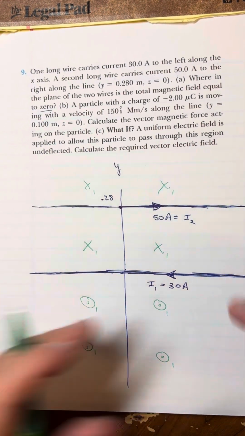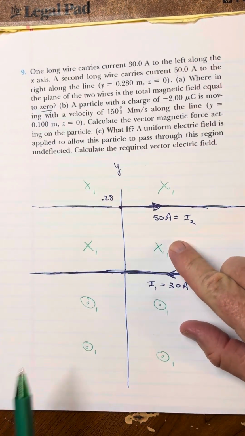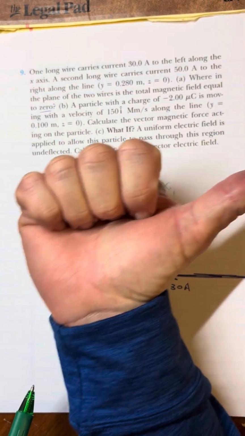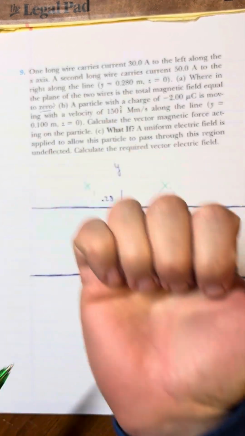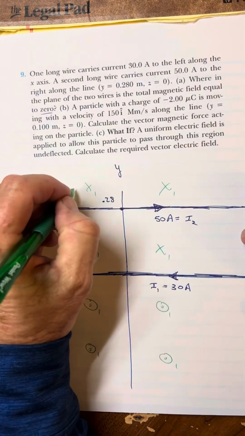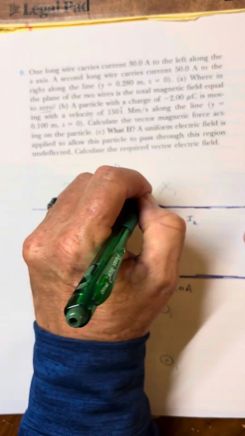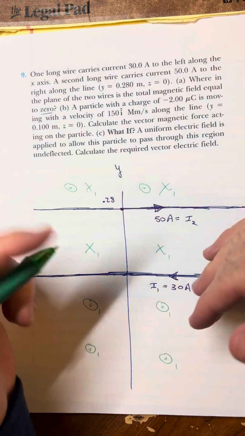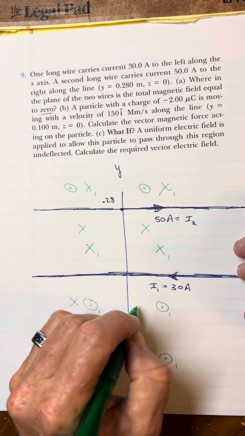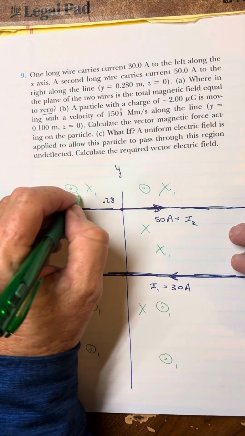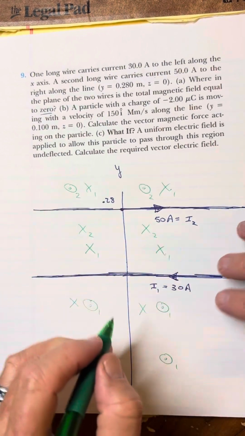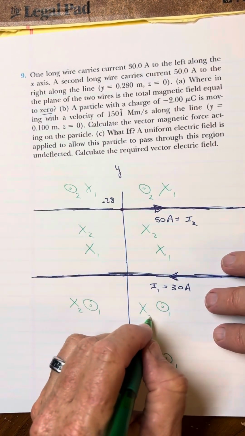Now we can do that same logic for wire number 2. Take our right hand, thumb in the direction of the current, pretend like we're grabbing it, and our fingers arc around. That means above the wire, the field is coming out, and below the wire, it's going in. Again, I'll put a little sub 2 to indicate this is the field from number 2.